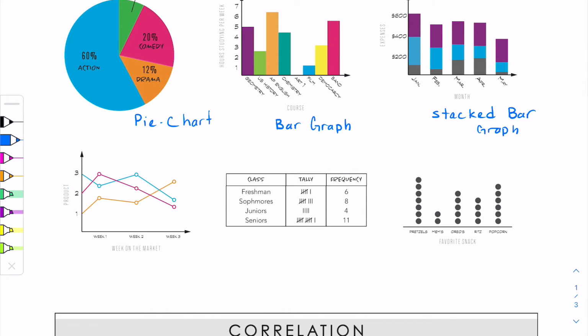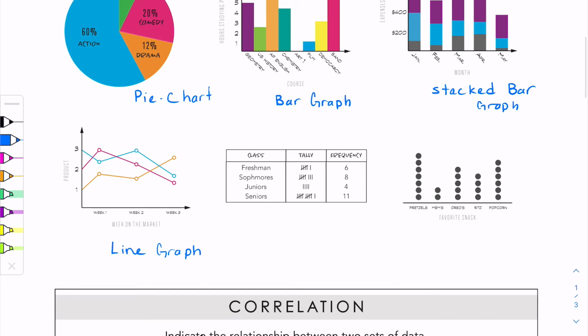We have a line graph. Next, we have a frequency table. And lastly, we have a dot plot.